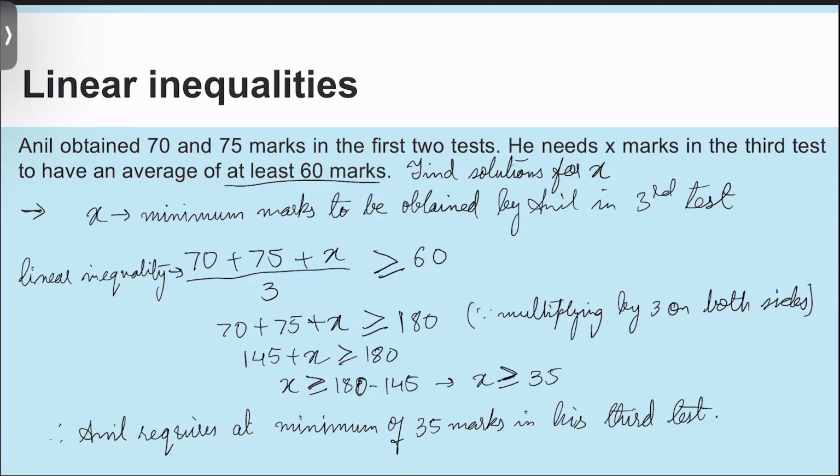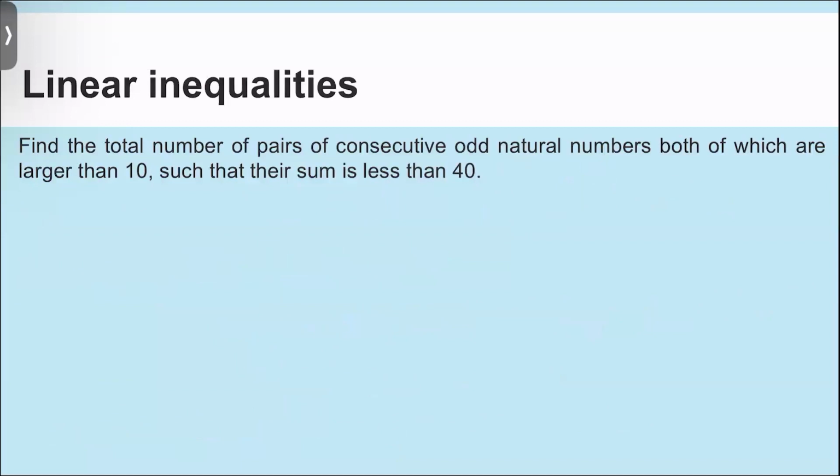Let's take another example. Okay, so in the question we are being asked to find the total number of pairs of consecutive odd natural numbers, both of which are larger than 10, such that the sum is less than 40. Okay, so how we go about solving this is that we will try to get it in terms of a linear inequality.